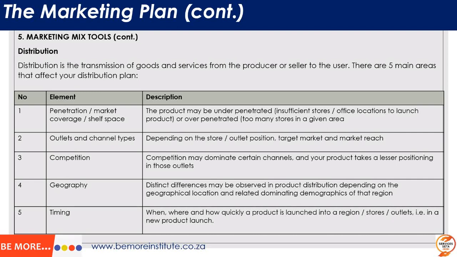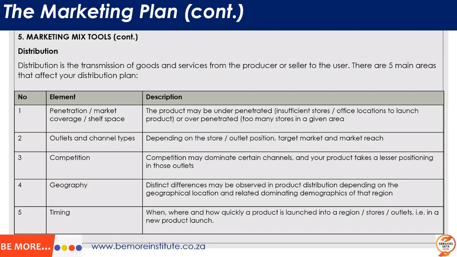So it's not a one-size-fits-all distribution; you look at geographically what is the best distribution strategy. A distribution strategy in Gauteng will not necessarily work in Free State. Those are some of the things you need to take into consideration.